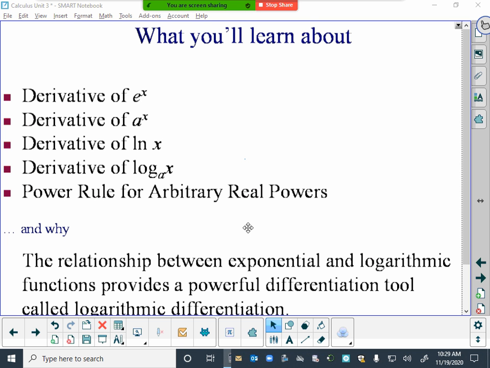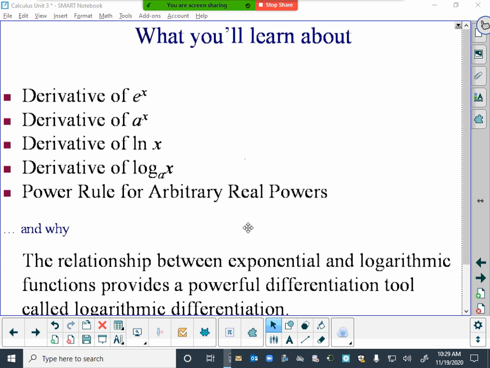We'll discover why calculus tends to favor the natural log and e to the power over the other ones. And then a power rule for arbitrary real powers. That's going to introduce us to some functions that we're frankly unfamiliar with. I can say we because you guys are unfamiliar with them. All right.